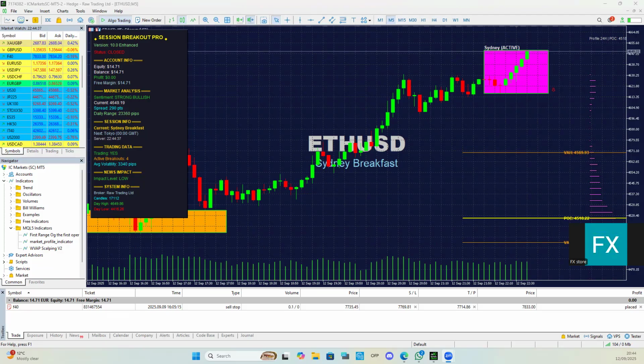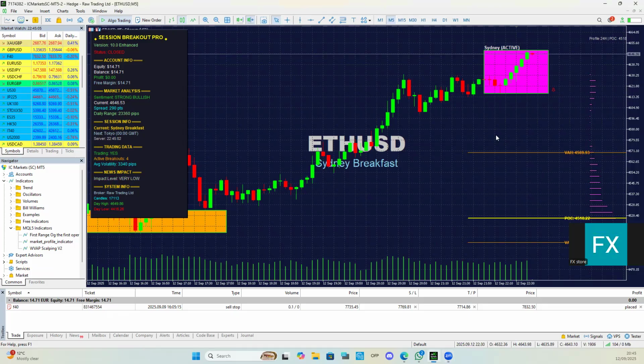VAL stands for value area low, which is the lowest price level within the value area. POC refers to the point of control, the price level with the highest trade volume during a specific time period. These terms are used to analyze market dynamics and identify potential support and resistance levels. So that's what we are seeing here, okay?